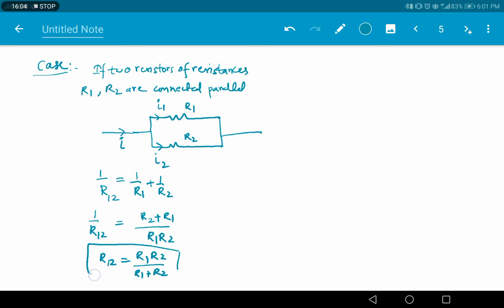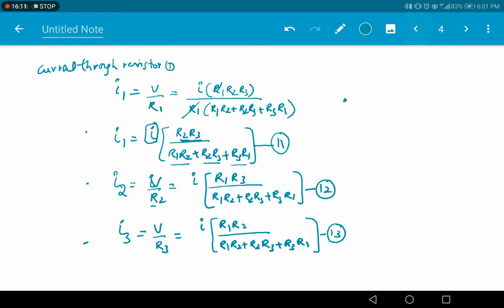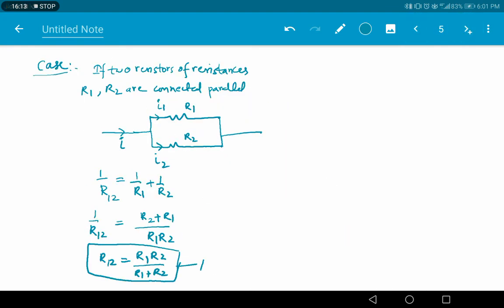It is the most useful formula when we are doing problem sums. So what was the last equation number? 13 is over, so let's give it as 14. Okay, this is the effective resistance in the case of a two resistor system. So now what about the division of the current in this? However, we know that the potential will be the same.